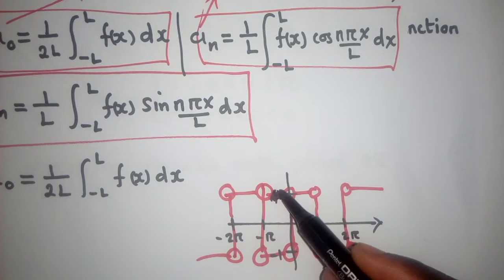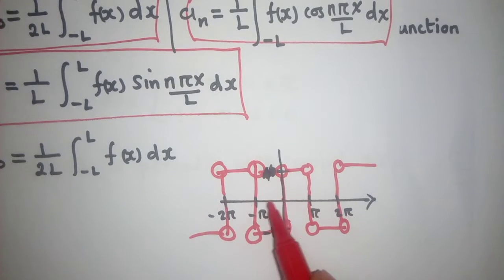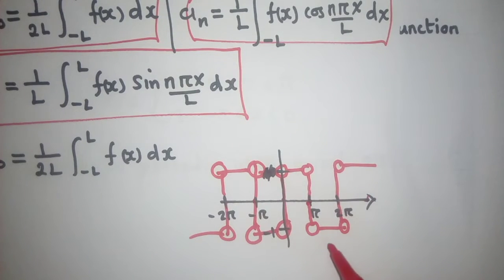Here, actually, there is nothing here. It's not connected. So now the period, you have been given the period to be 2 pi. Our period is 2 pi, and this is where the L is coming from, because from here to here, where the graph is repeating, is 2 pi.